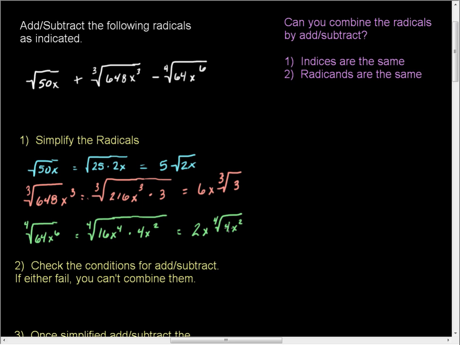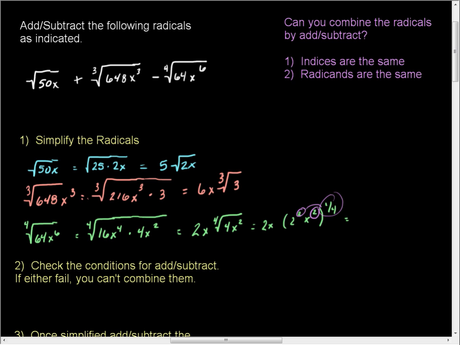Now, 4 is a perfect square, and so is x squared. So what we can do then is rewrite this as 2x times 2 squared x squared to the 1/4 power. Well, if you notice that, then you can bring out these exponents of 2 and multiply the top of this rational exponent.